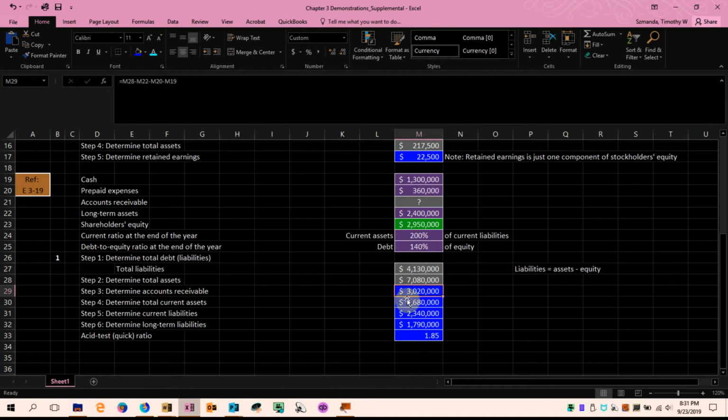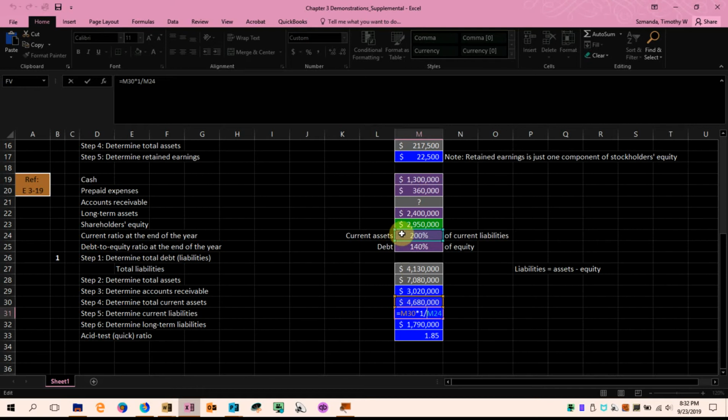In step 4, I determined the total current assets. Well, since I have all the current assets now, I've solved for the accounts receivable, I can just add together my accounts receivable plus the cash and the prepaid expenses. And that gives me my total current assets. Over down to current liabilities. To calculate the current liabilities, I just took the total of current assets using the current ratio, and the current ratio is the total of current assets times 1 over 200%.